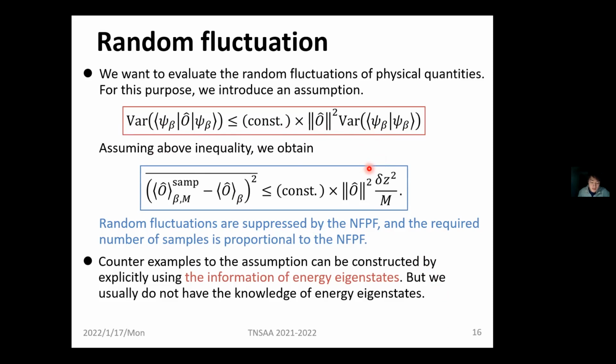Then we immediately obtain that the fluctuation of the physical quantities is bounded by the NFPF times the square of the norm of O. This means that if NFPF is small, we can obtain a more accurate physical quantity.